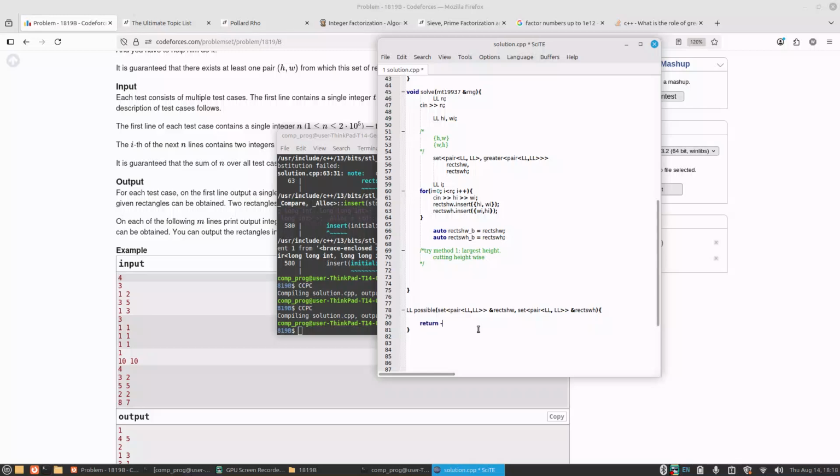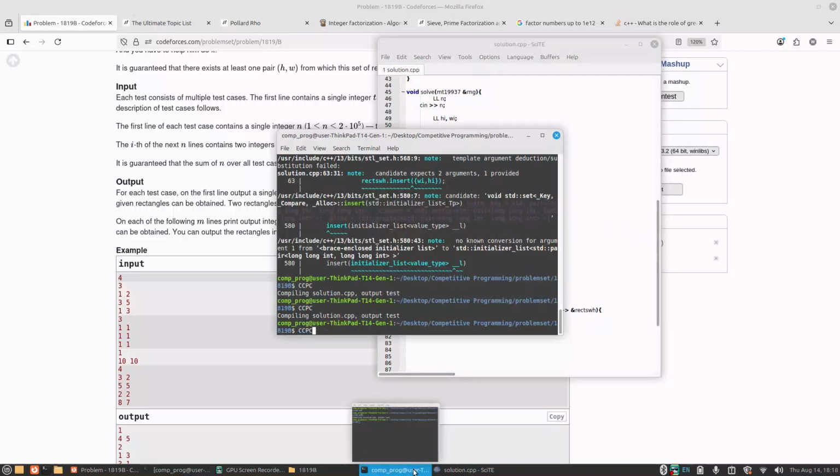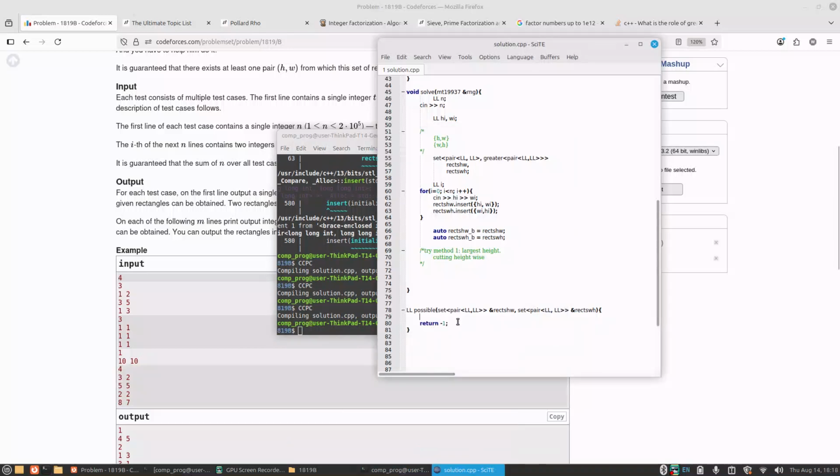I'll just do return -1 for now, see what fuss it kicks up. Yep. First we'll do, you'll find the largest one of these first.